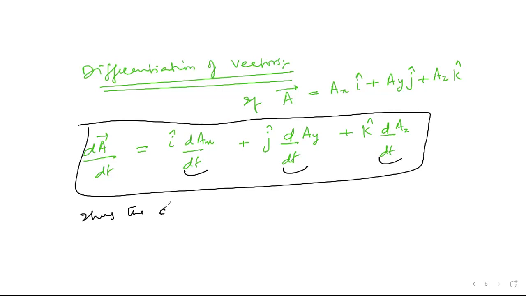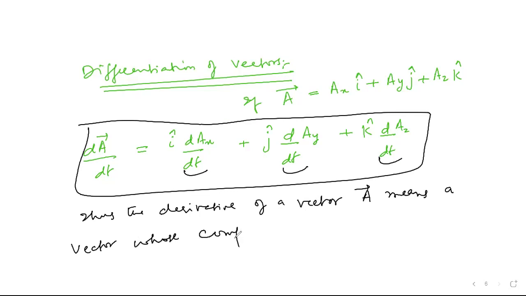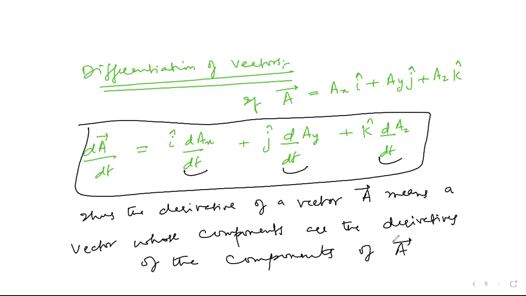Thus, the derivative of a vector A means a vector whose components are the derivatives of the components of vector A, as can be seen from this equation. d by dt of ax becomes the x component of dA by dt, d by dt of ay is its y component and d by dt of az is its z component.